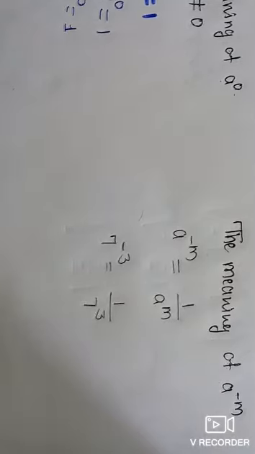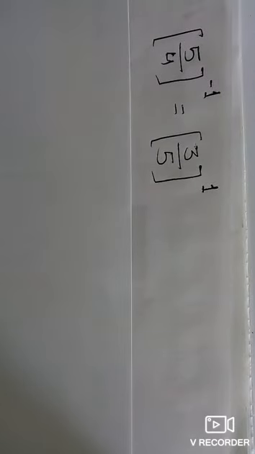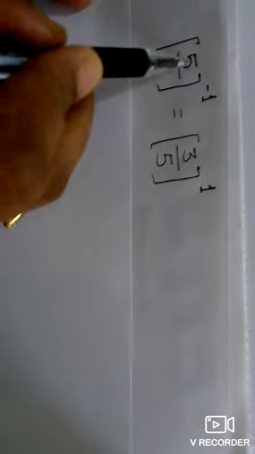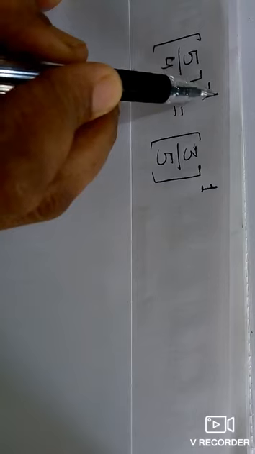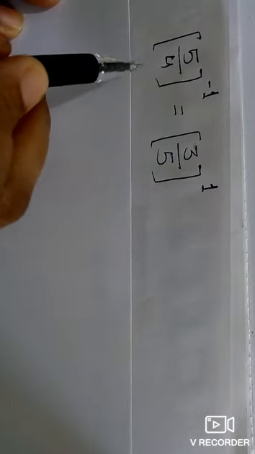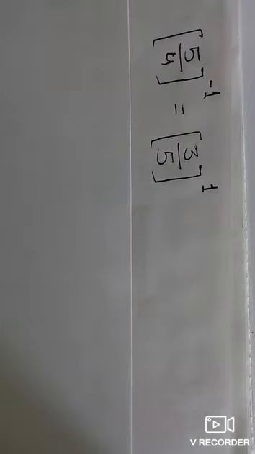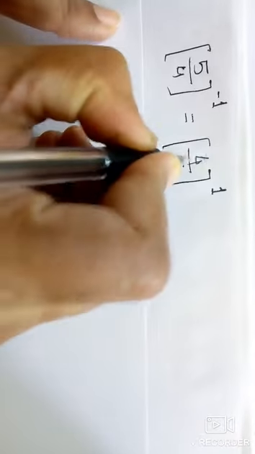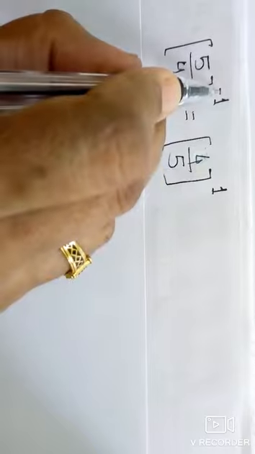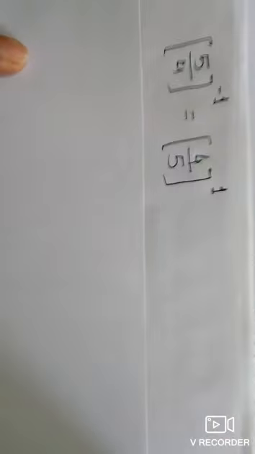Okay. So based on the same rule, suppose 5 upon 4 is there and the index is negative, then you have to write the reciprocal of that fraction. So the reciprocal of 5 upon 4 is 4 upon 5, and then you can make this index positive.